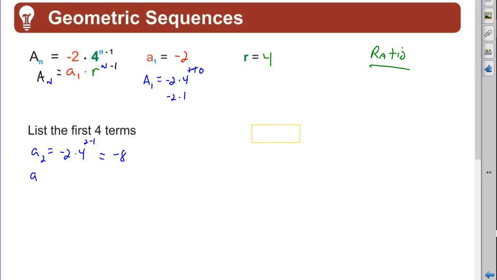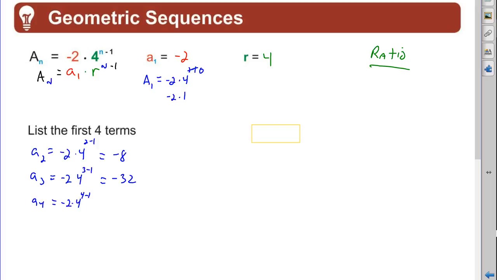Let's do the third term. Negative 2 times 4 to the 3 minus 1. All right, 4 squared is 16. 16 times negative 2 is negative 32. And let's do the fourth term. So negative 2 times 4 to the 4 minus 1. Now remember, I'm following the order of operations here.